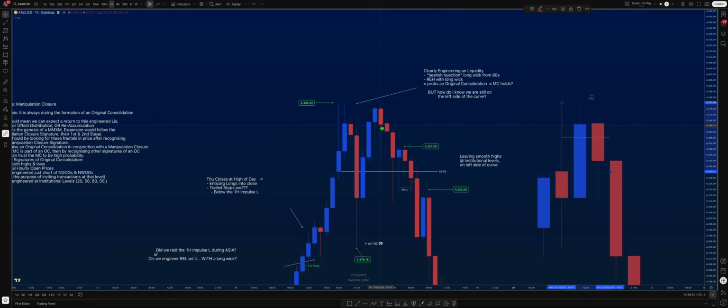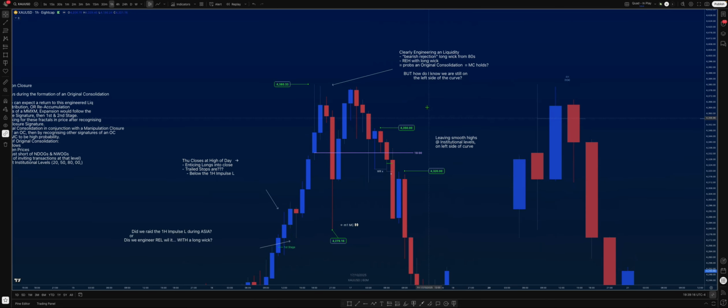So the 2200 4-hour candle closes right on that candle there. 2 a.m. opens up, new 4-hour candle, immediately sells off after having closed above the midpoint of the wick without taking the high. So this is the 4-hour doing the exact same thing that the 1 hour had done just prior. A manipulation closure, immediately rejecting, indicating an original consolidation.